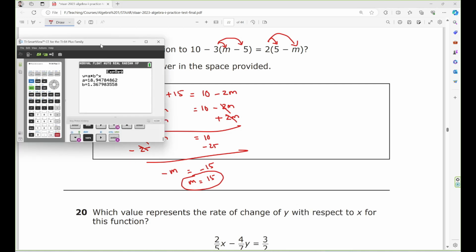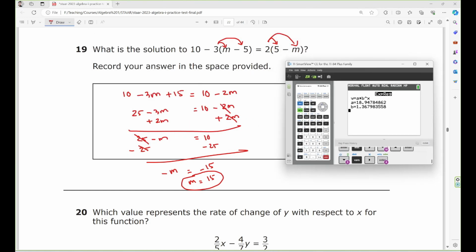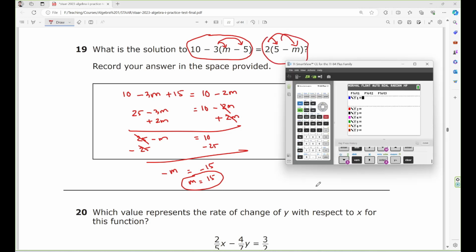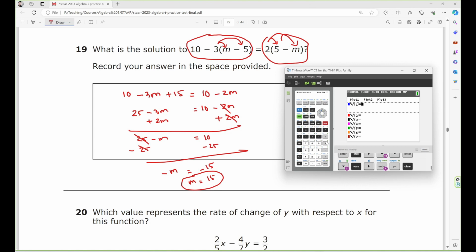Now, second way. Here's y equal. Look at this one. y1 equal this one. y2 equal this one. So it can be 10 minus 3 times x minus 5. Alright.